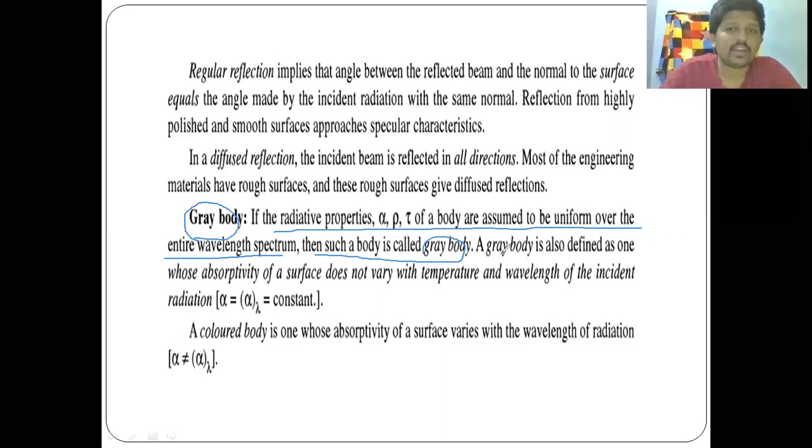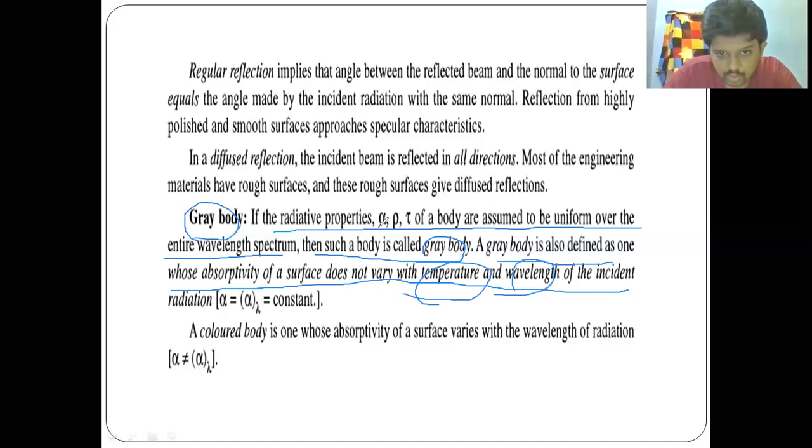A gray body is also defined as one whose absorptivity of surface does not vary with temperature and wavelength. Absorptivity should not vary with temperature and wavelength. That is defined as a gray body.